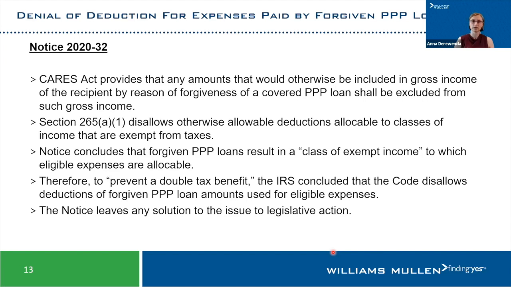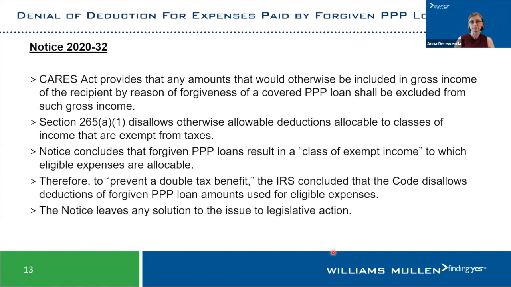So while the CARES Act specifically provided that if you have a PPP loan that is forgiven, the amount of that forgiveness, which we typically think of as cancellation of debt income, will be excluded from gross income. So the question then was, well, if I am excluding the loan amount from gross income and I'm also getting the deduction, is that a double dip?